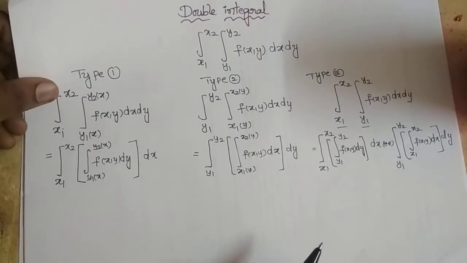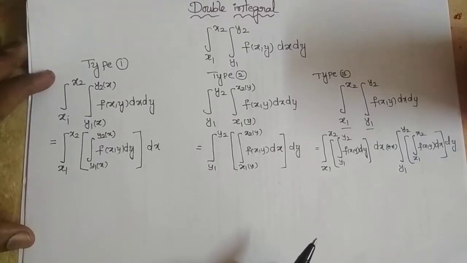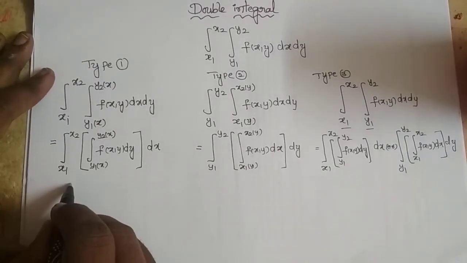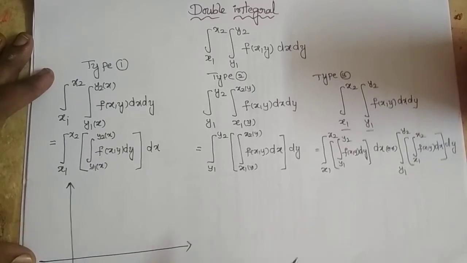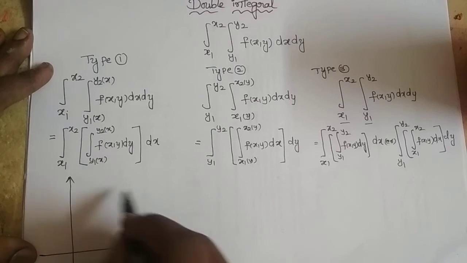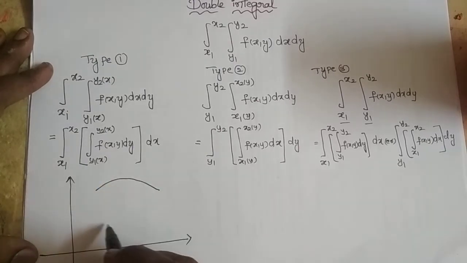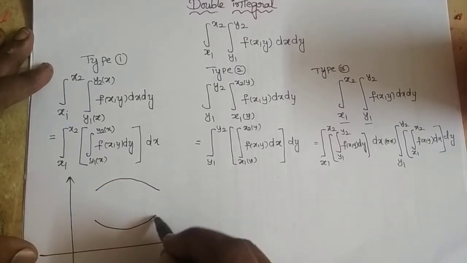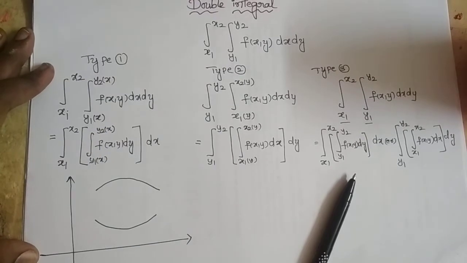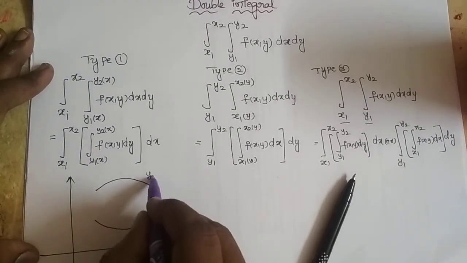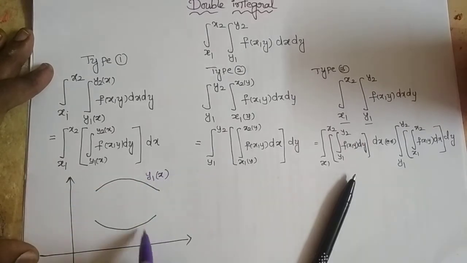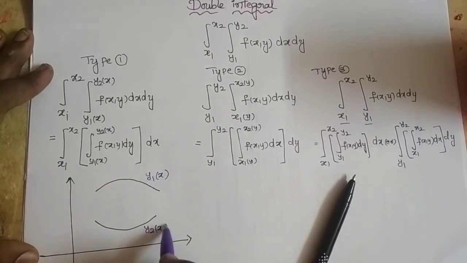I can show you the graphical representation for each and every one. Suppose I take the two-dimensional xy plane. I can consider two curves, like this is one curve, this is another curve, represented by y1 of x and y2 of x.